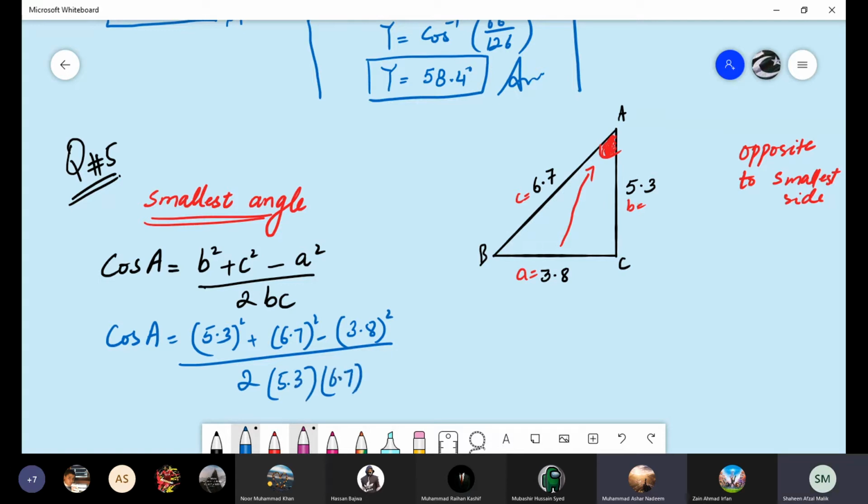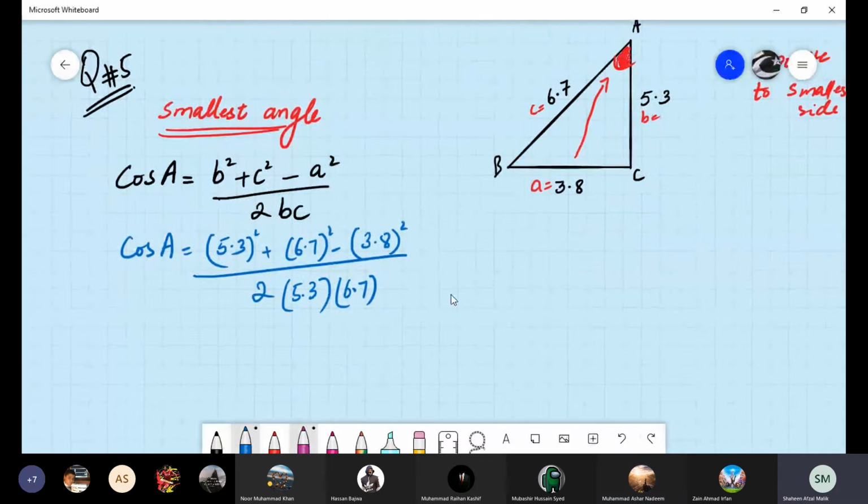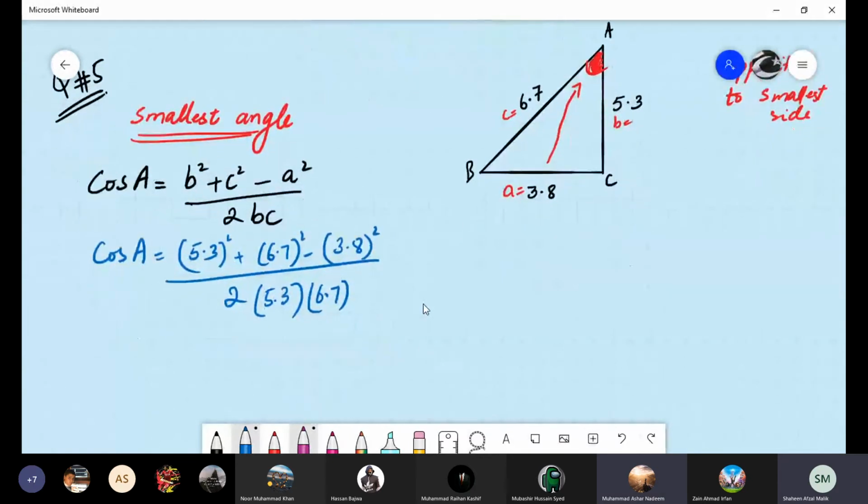Now simplify the numerator and tell me the answer. It's 58.54. Divided by what is the denominator value?